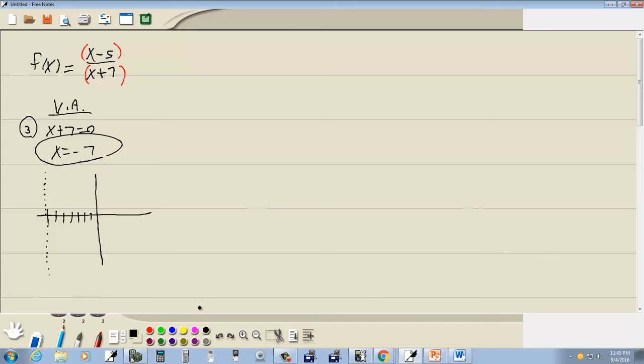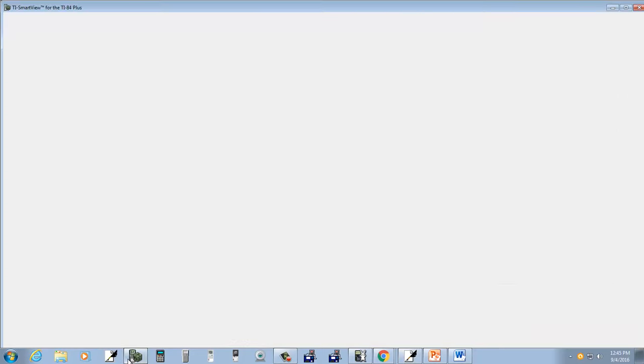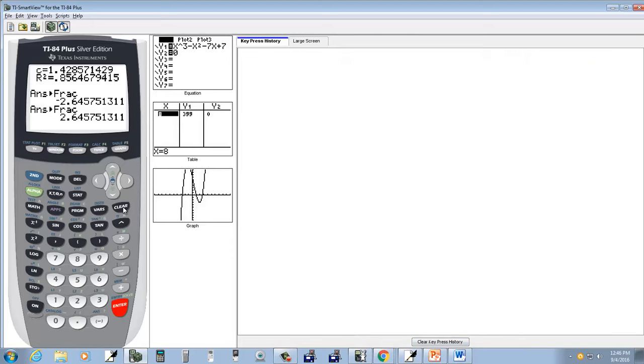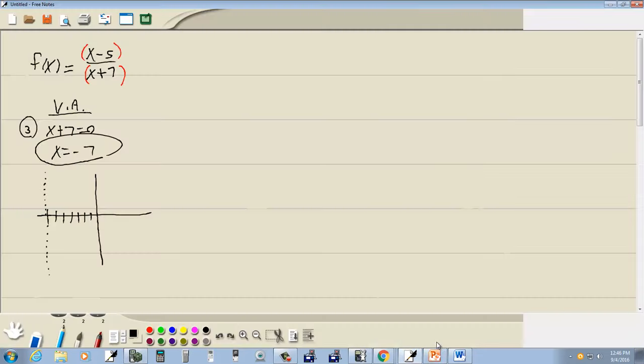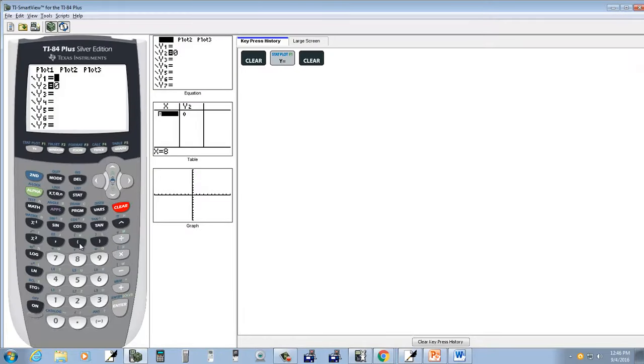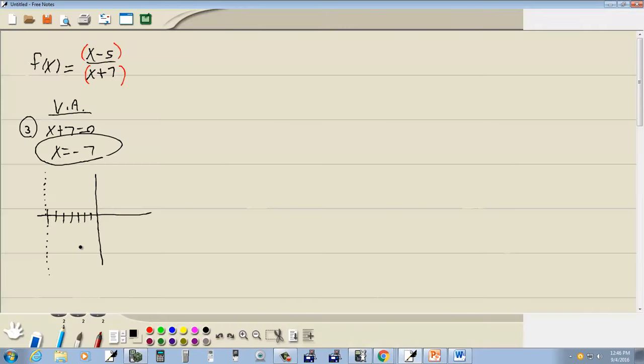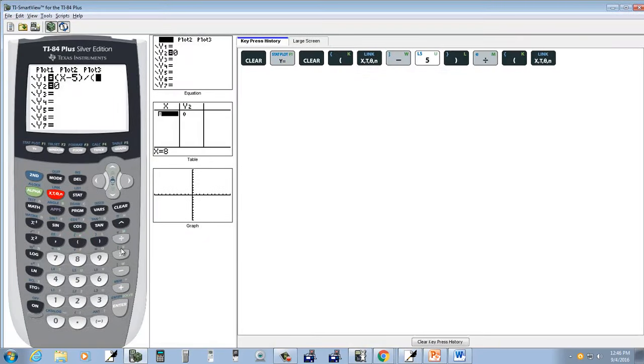So if I were to plug that into the calculator, I'm going to do my y equals, clear, parentheses around top, so I have beginning parentheses x minus 5, closing parentheses, divided by beginning parentheses x plus 7, closing parentheses, and then graph.